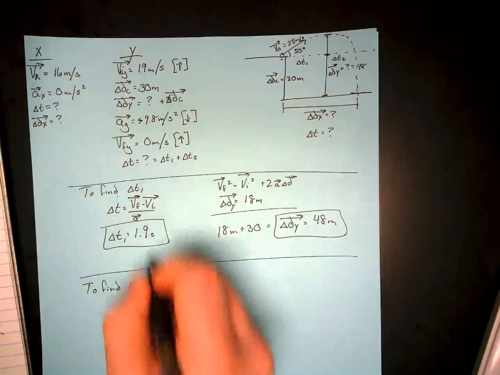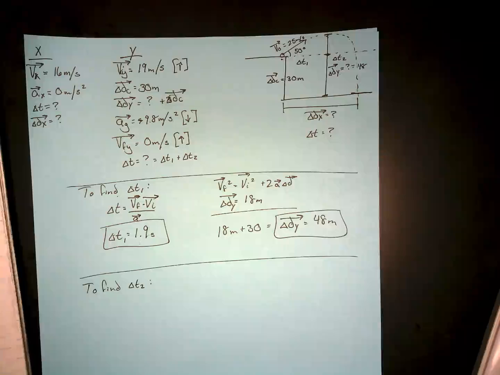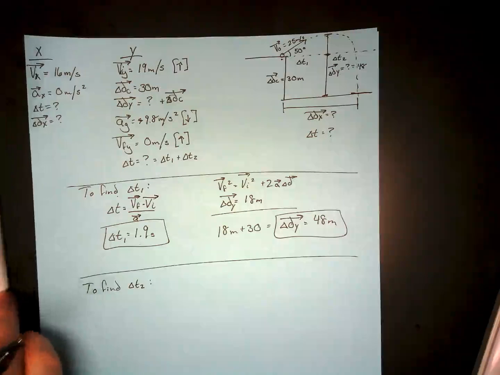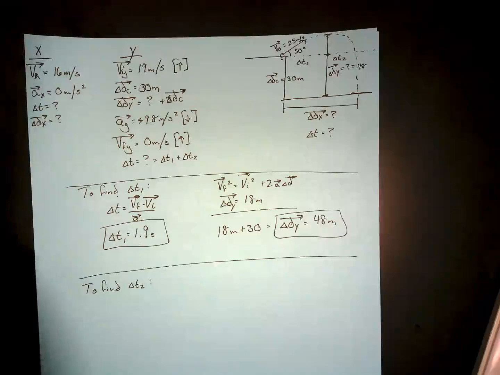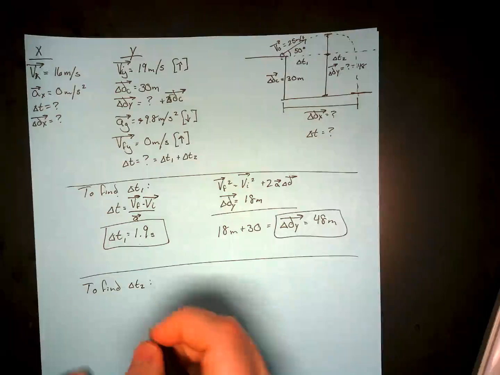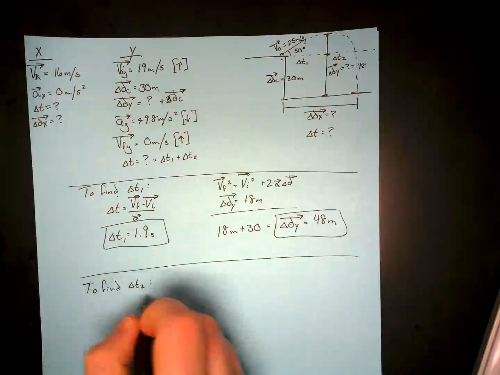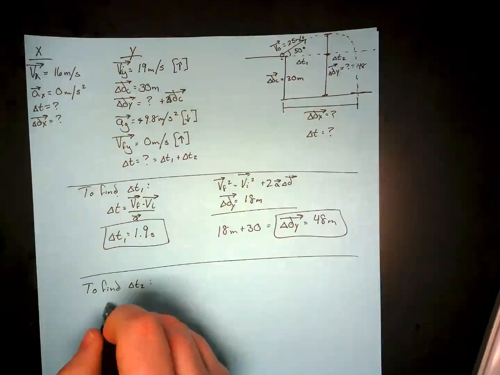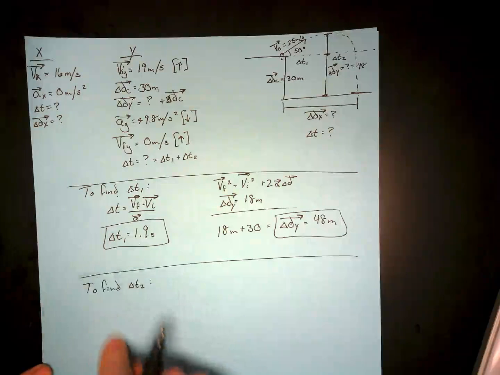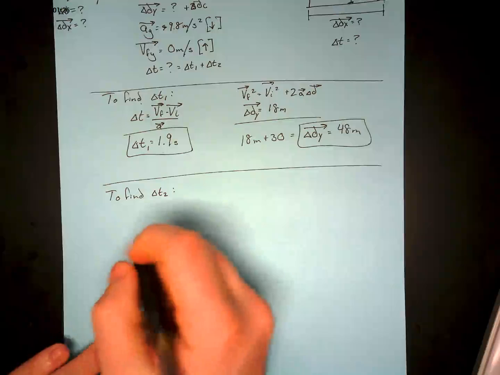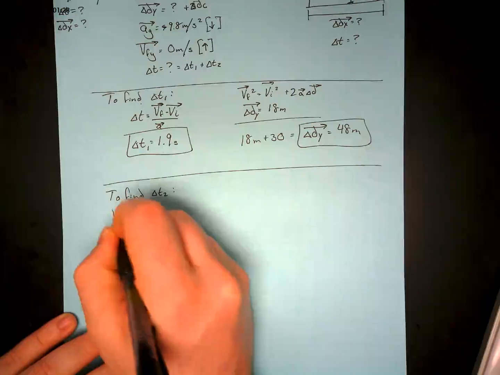Now to find T2, we have way more information available. There are a number of ways you can solve for this, but first I'm going to write down the variables we have to work with.